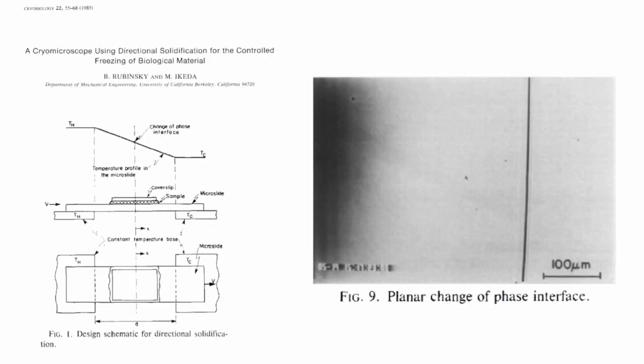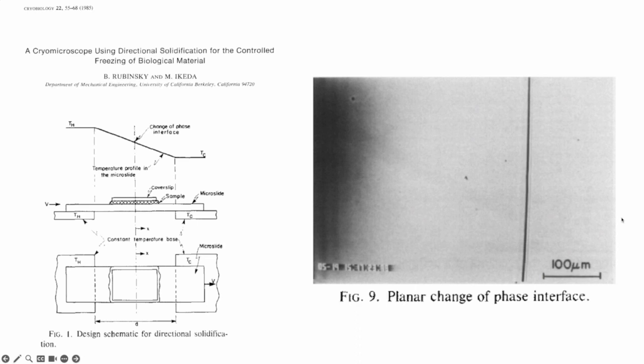We push the cover slip from the high temperature into the low temperature, and then a change of phase interface forms at 0 degrees centigrade. This is how a change of phase interface looks under the microscope at 100 micron resolution. You can see it's a straight line because it's a one-dimensional process.